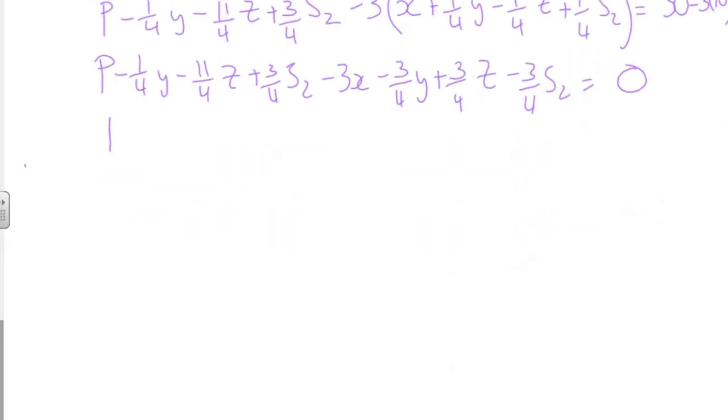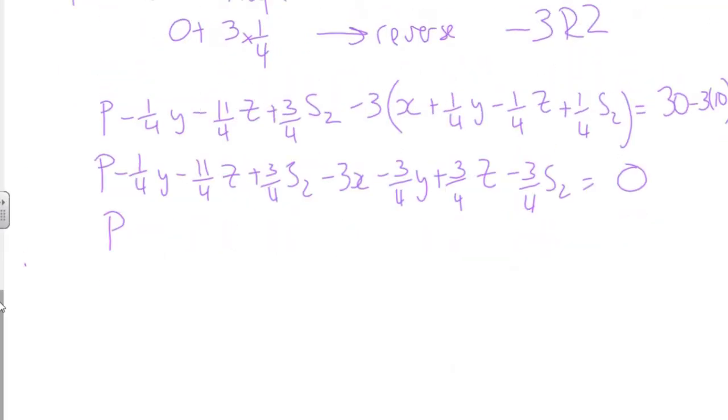Let's tidy this up a little bit then. So P, let's have a look for X's. So I've got a minus 3X. I've got minus a quarter Y minus 3 quarters Y. So that's going to be minus Y. I've got minus 11 over 4Z plus 3 over 4Z. That's minus 8 over 4Z and minus 2Z.